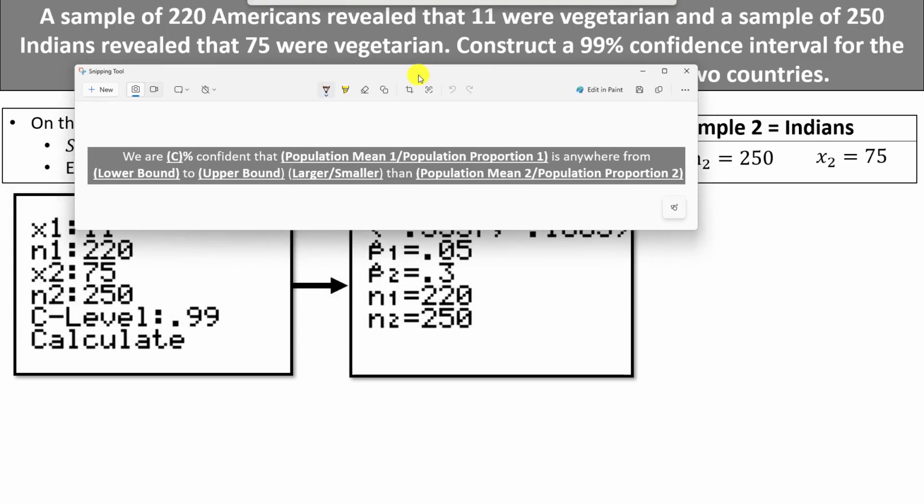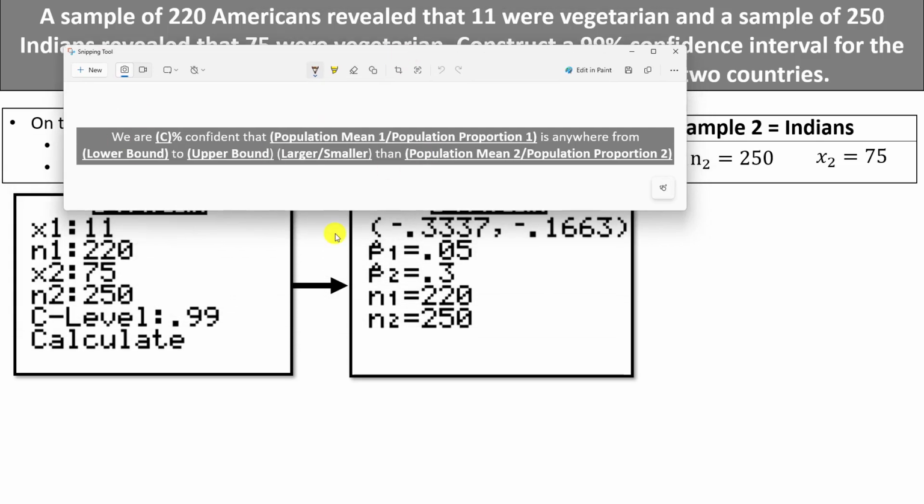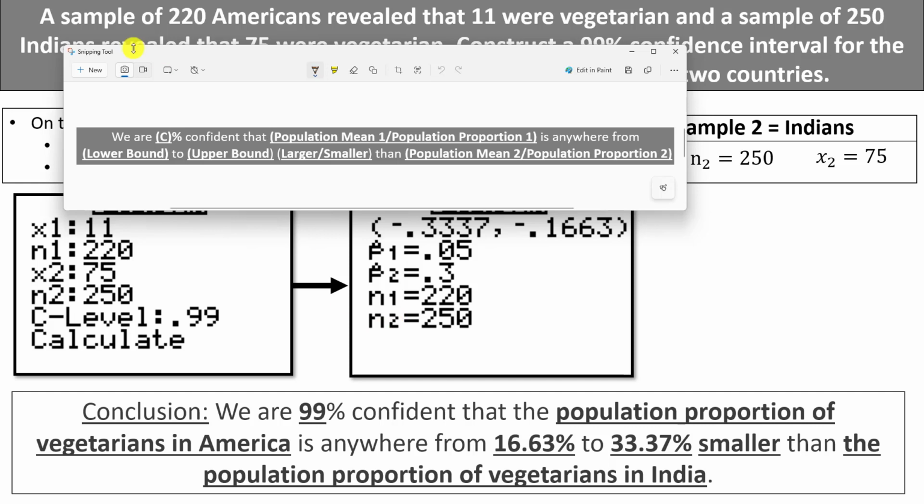Here's the general interpretation for a confidence interval for 2 samples. Modifying this for this specific problem, we would say that we are 99% confident that population proportion number 1, which is the proportion of vegetarians in America, is anywhere from, and now this is a little bit where the interpretation breaks down, because it does say lower bound first and then upper bound second, but technically you probably want to write your smaller number first in absolute value terms.